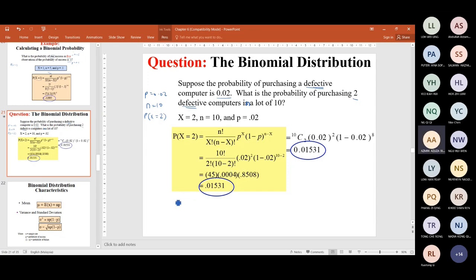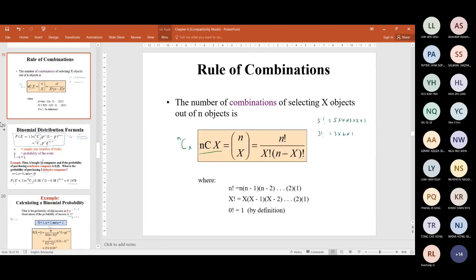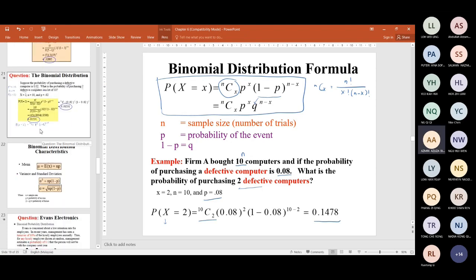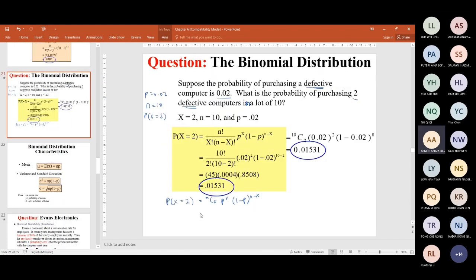Okay, if I rewrite again, in case it's hard for you to see from here. The formula is nCx P^x (1 minus P)^(n minus x). The formula is given in the previous slide. This one. nCx we know is this one. Okay, so I will write again.